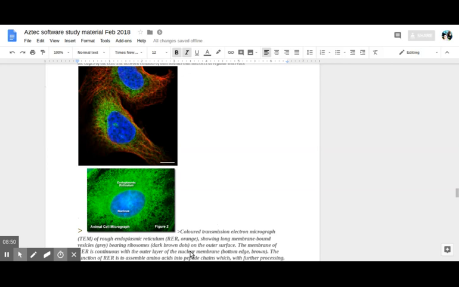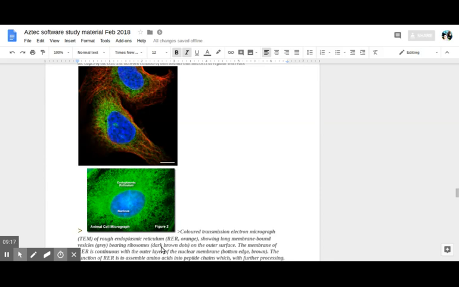Colored transmission electron micrograph, or TEM, of rough endoplasmic reticulum, showing long membrane-bound vesicles in gray, bearing ribosomes in the dark brown spots on the outer surface.